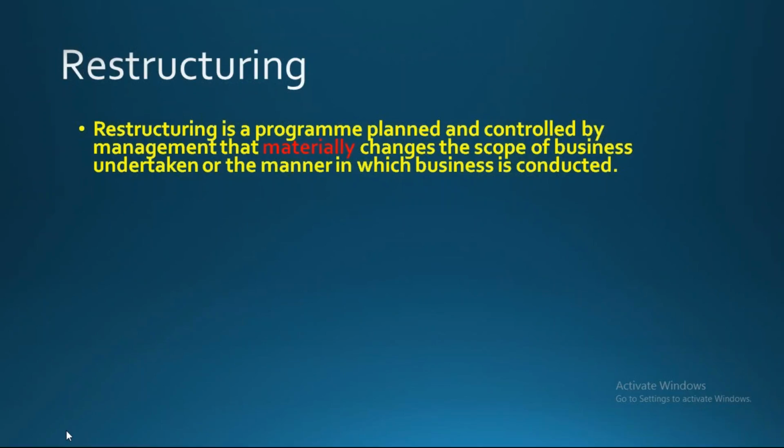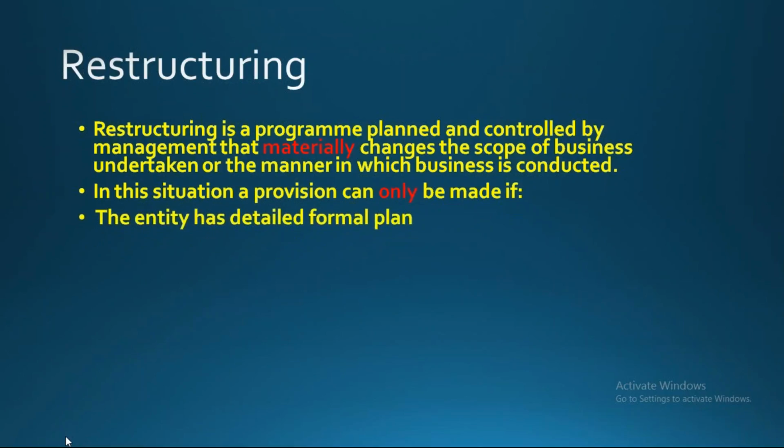All this time you were manufacturing, but now you decide not to manufacture, sell all the machines, everything, and outsource, buy the product and sell it in the market without manufacturing. So it's a material change that is happening. In that kind of restructuring, if it is materially going to change, then you need to make a provision fully.